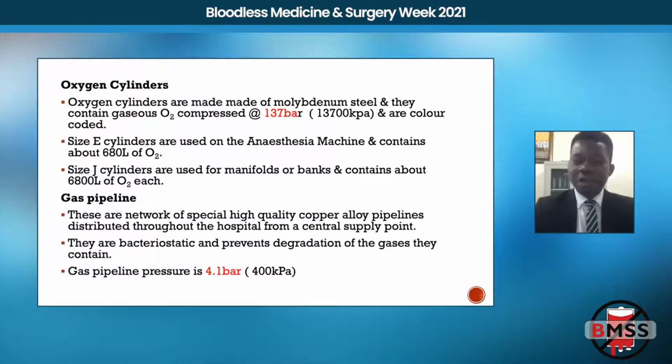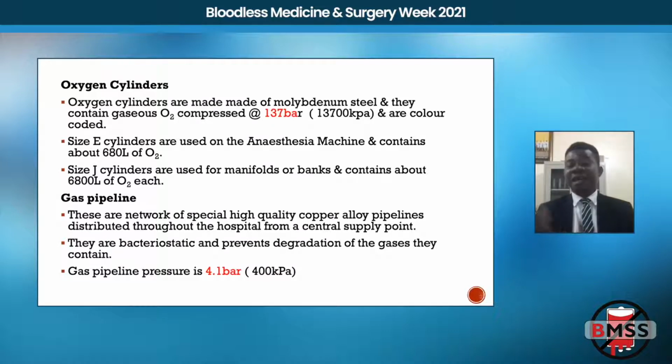We call it a pin locally here, but it's actually referred to as the size E cylinder or emergency cylinder, often attached to the anesthesia machine in such a way that when the pressure from the pipeline supply has dropped, we switch over to the emergency cylinder.